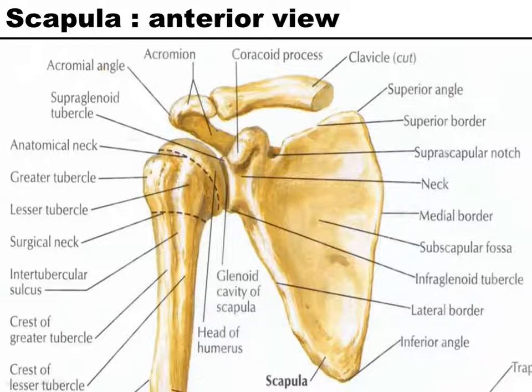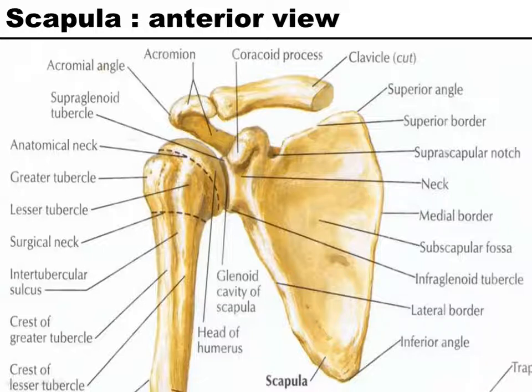The lateral angle bears the glenoid cavity which articulates with the head of the humerus to form the glenohumeral joint, also called the shoulder joint. The lateral angle bears two tubercles, a supraglenoid tubercle and an infraglenoid tubercle.